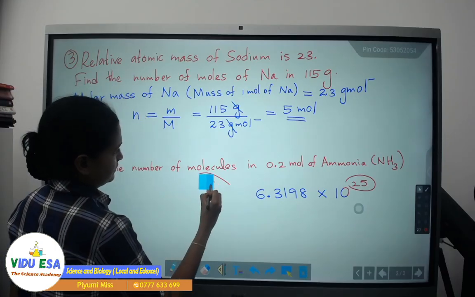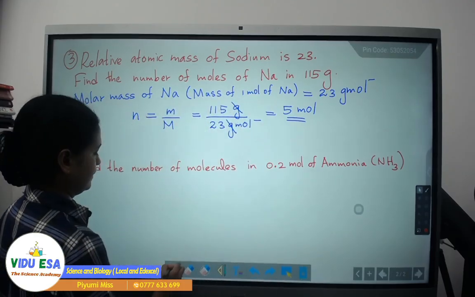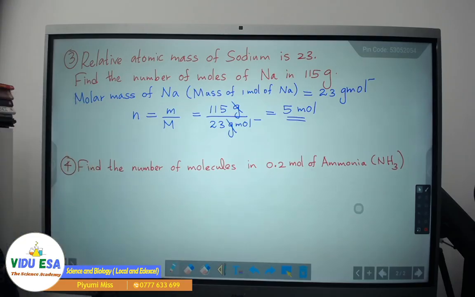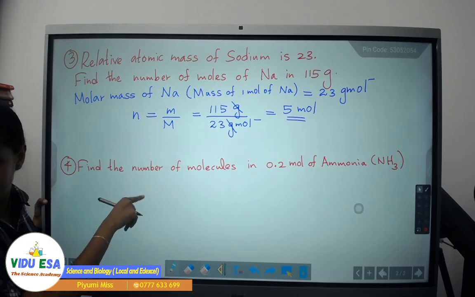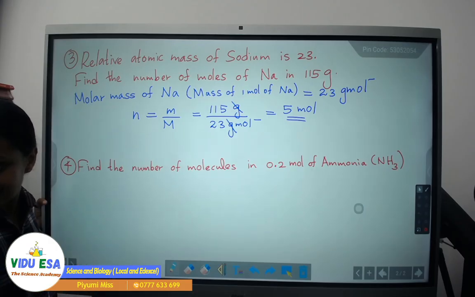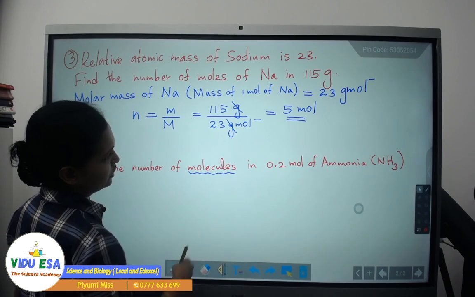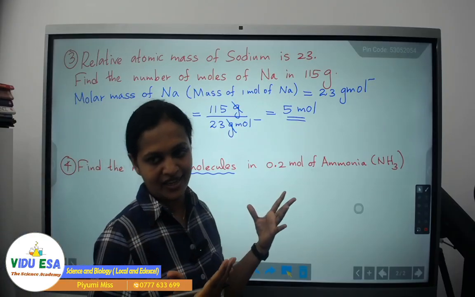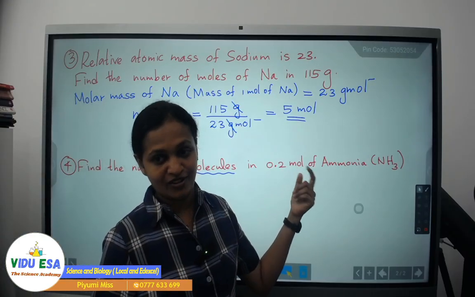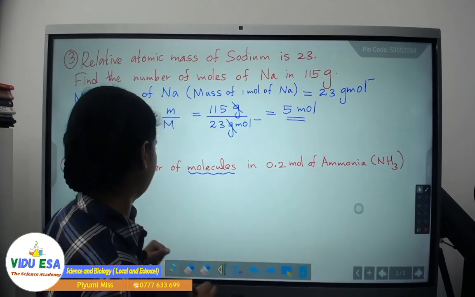Then find the number of molecules in... Have you all finished the fourth one? Find the number of molecules in 0.2 moles of ammonia. If it is ammonia or anything else, we know that 1 mole contains Avogadro constant of molecules.